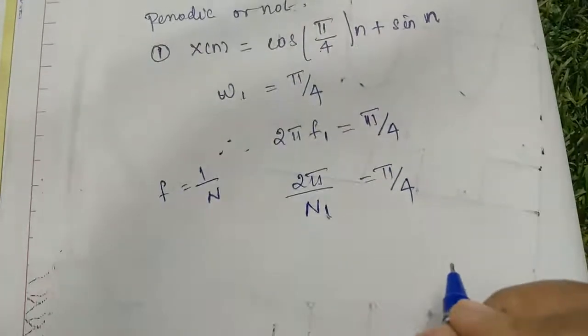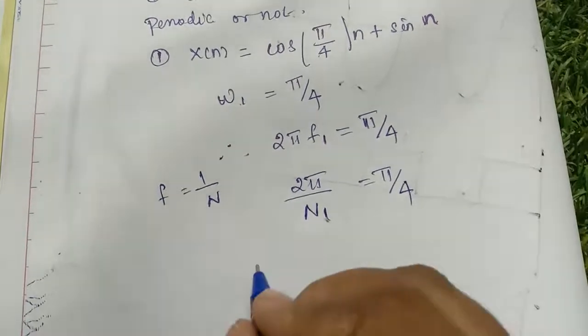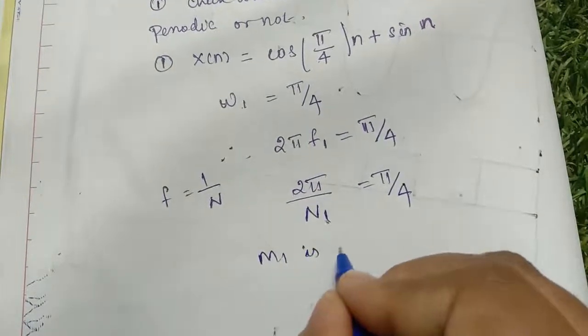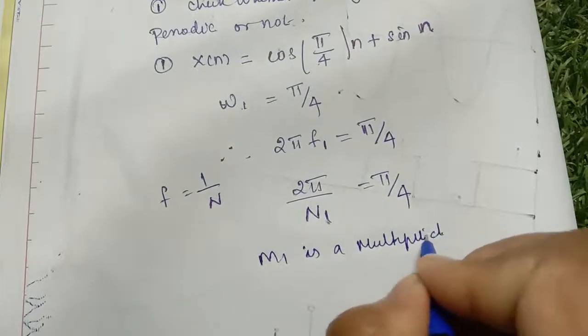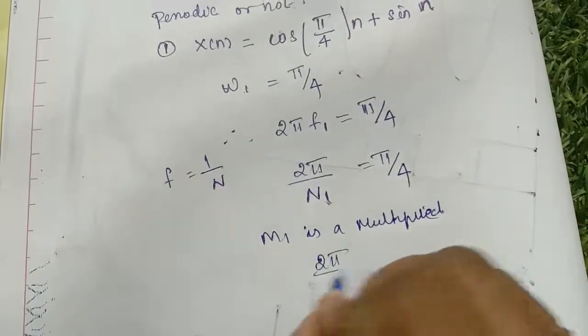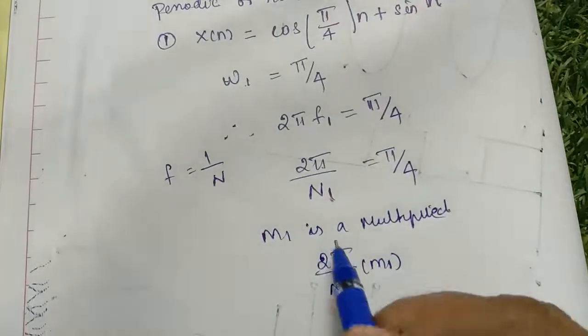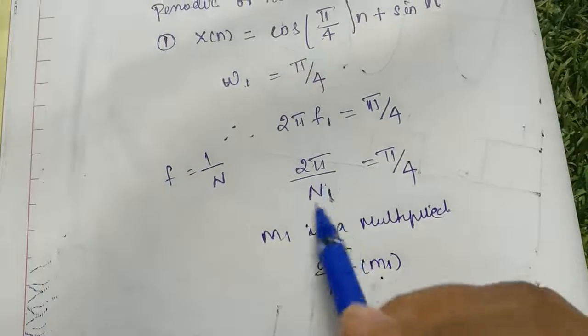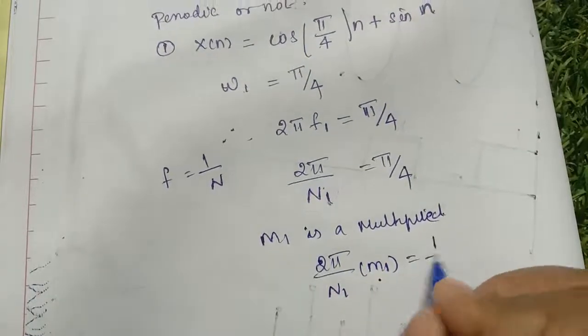In the next step, for making this n1 the smallest integer, I am multiplying by m1. So 2 pi n1 into m1, because the term is m1. Why am I multiplying by m? I'm going to make this n1 smaller, so I'm going to multiply it by 1 by 4.